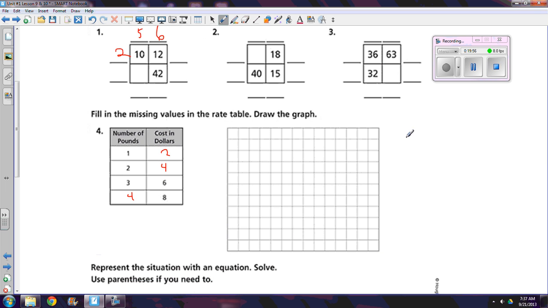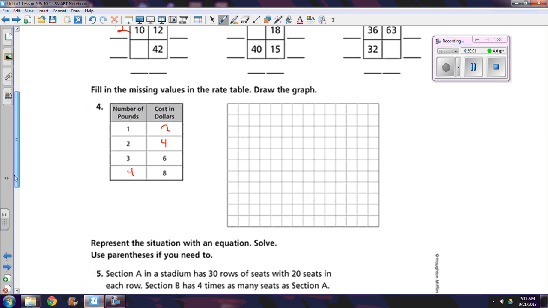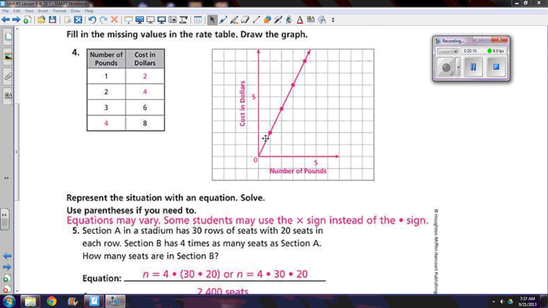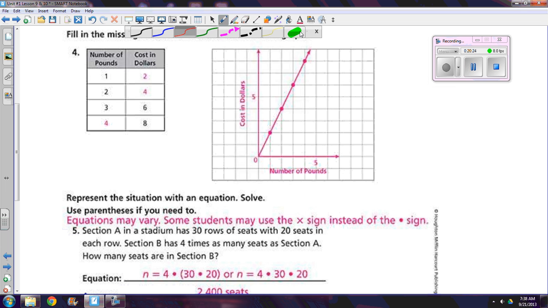And now they want you to graph it over here. Okay, so remember you have your label here and your label there, number of pounds, cost in dollars. So let's look at it here. So here's the number of pounds, 0, 1, 2, 3, 4, 5, and so on. And then you have your label, and it is crucial that you label cost in dollars, number of pounds.